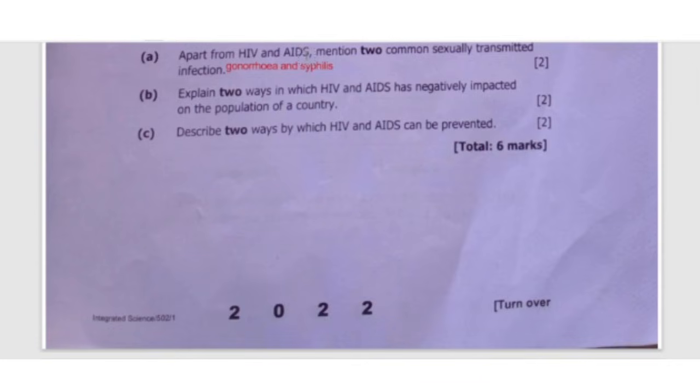Let's go to question number 7b, which is: explain two ways in which HIV and AIDS has negatively impacted the population of a country. This is not only in Zambia, but in the majority of countries affected by HIV, you'll find a lot of homes that are child-headed.